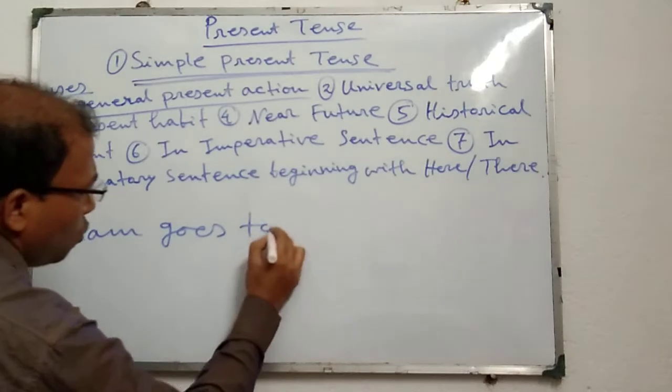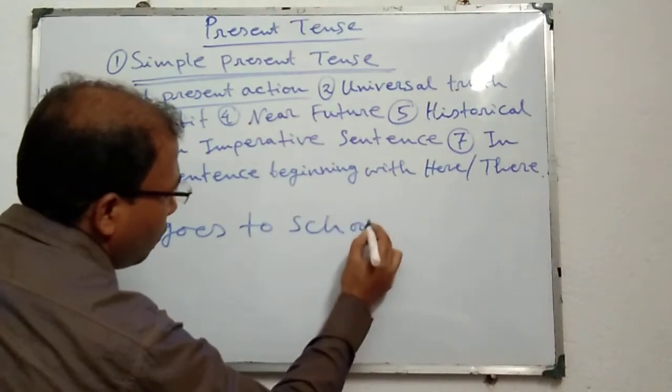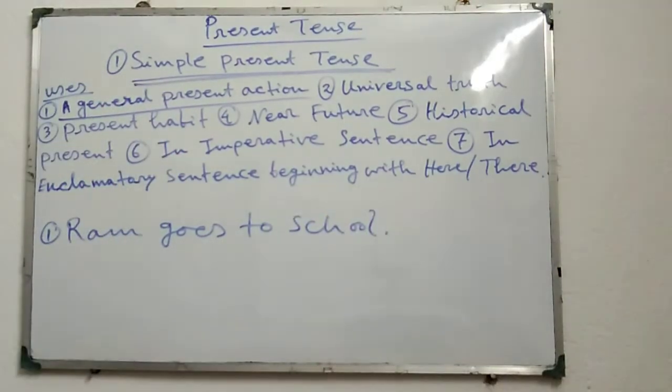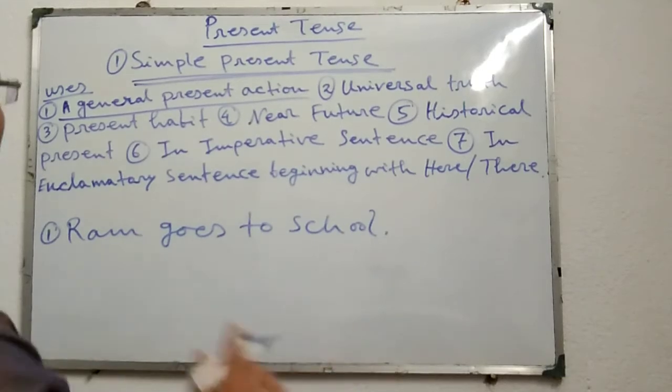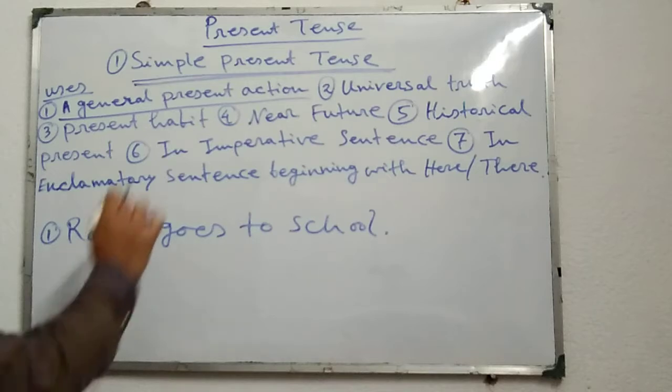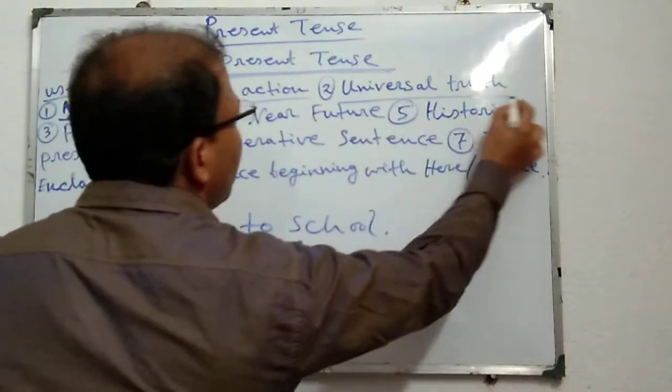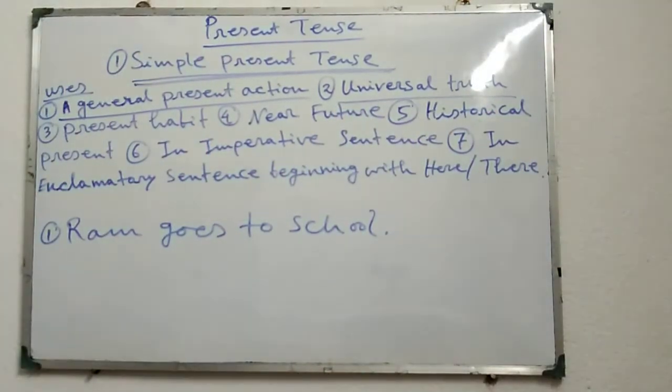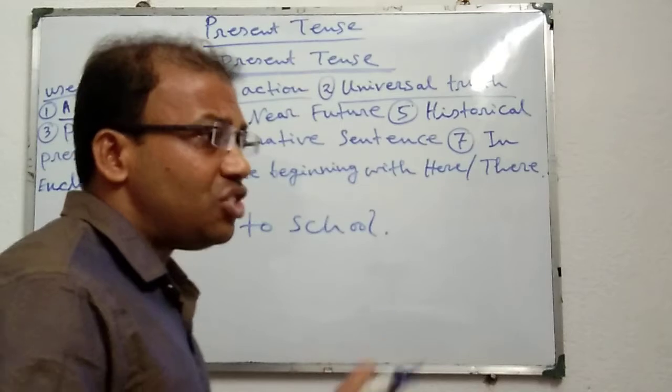Ram goes to school. Any general present action or normal present action which is done at the present moment. For example, Ram goes to school. Thereafter, second one, universal truth or eternal truth or general truth.